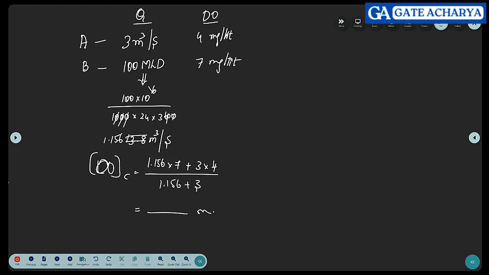Simplify it. So this is also how they can ask. Those two are connected to form C, a series connection. When two connect at the same place, discharge along C is the discharge of A plus discharge of B, which is 4.156 meter cube per second.